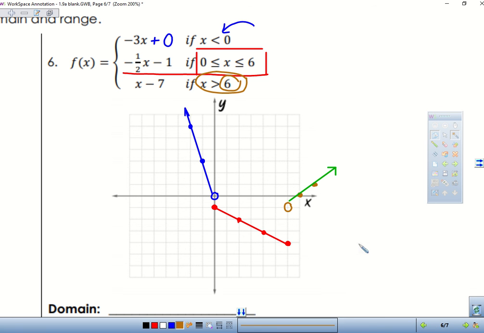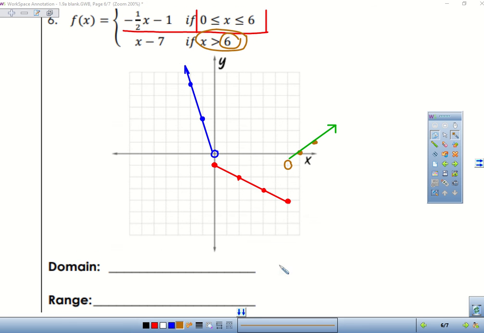Okay, so does anyone have any questions about the graph? Okay, so now we're going to look at its domain. In this case, this function looks like it's going to eventually take on every x value, and there's no gaps because everywhere one function leaves, the other one picks up. So my domain is from -infinity to +infinity. Now we're going to look at our range.